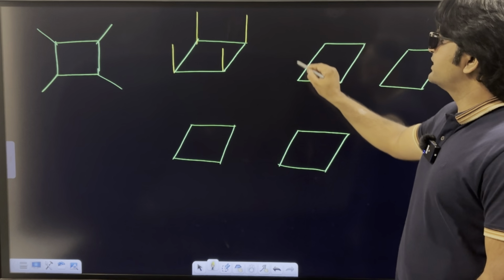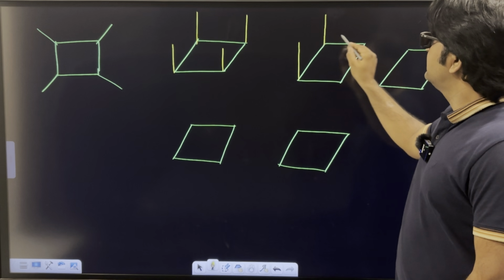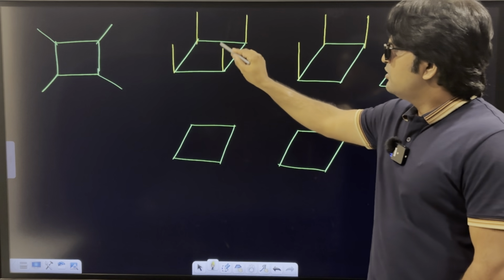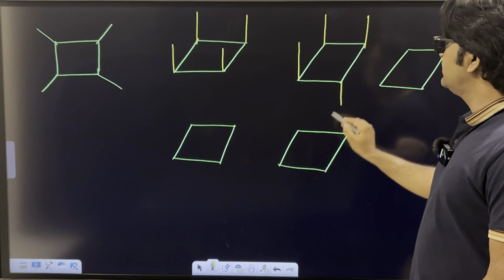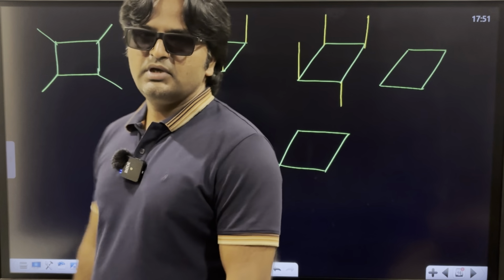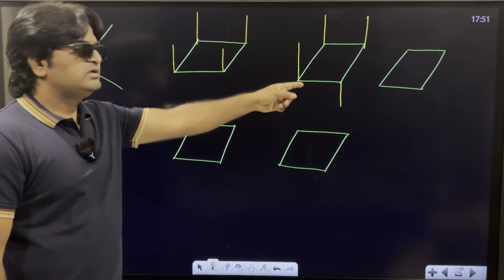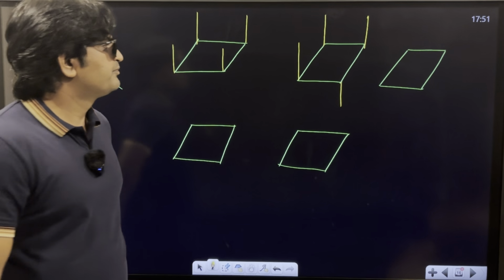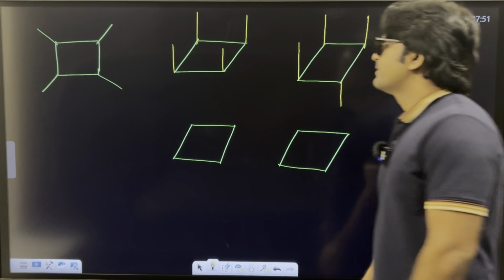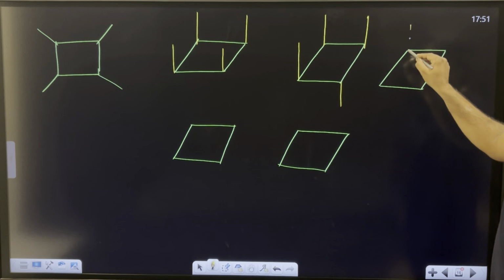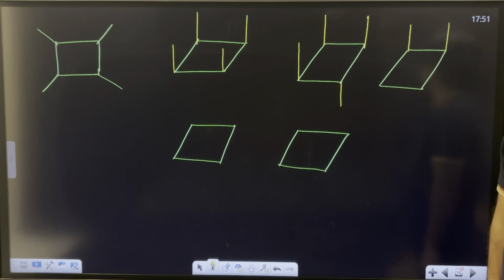Next, in the second molecule, I am taking 3 methyl groups above the plane. Just I am trying to change one methyl group orientation. In the first case, all methyl groups are above. Here, just I am taking one methyl below. What is the another possibility? I am not changing the position of these methyls.